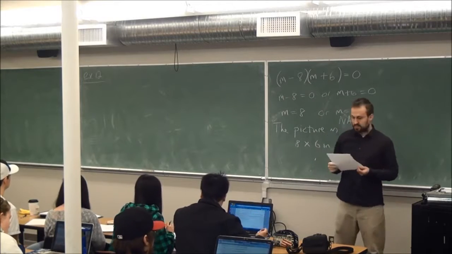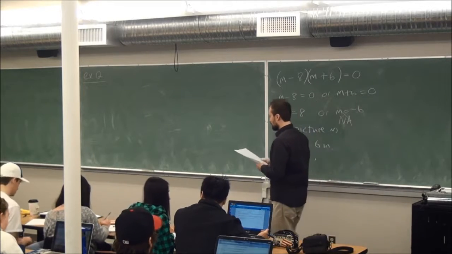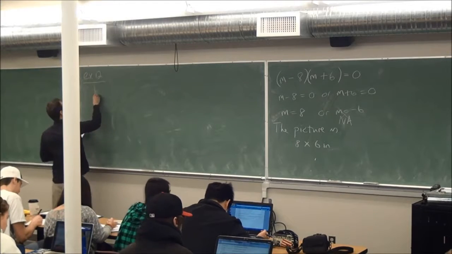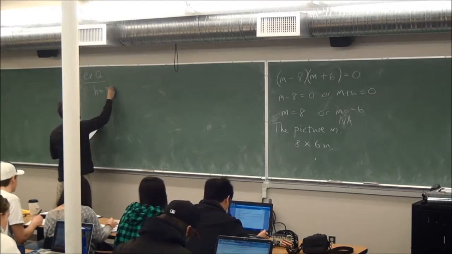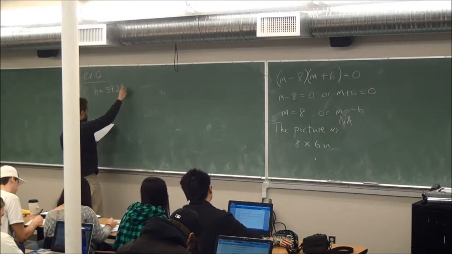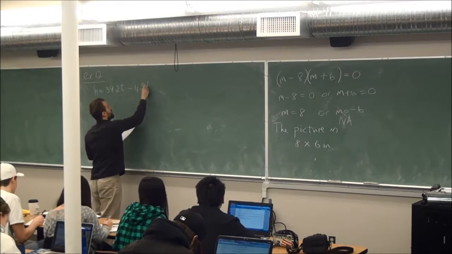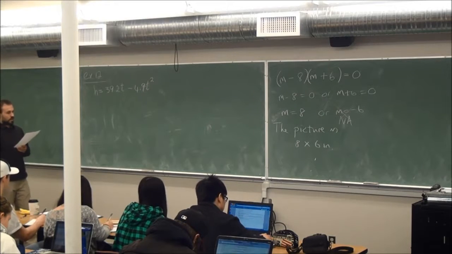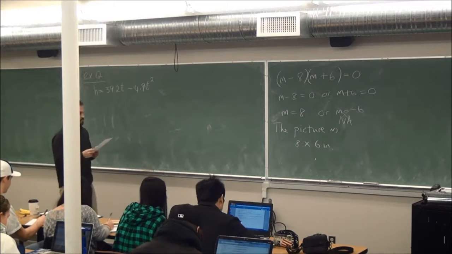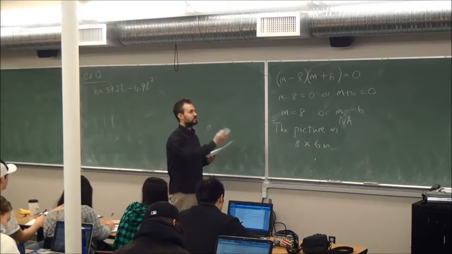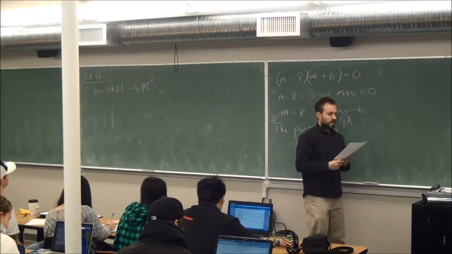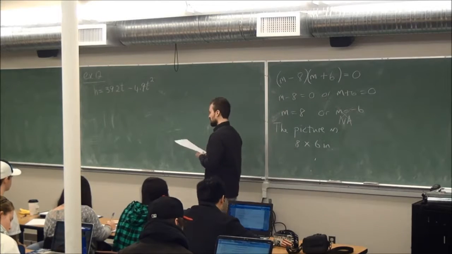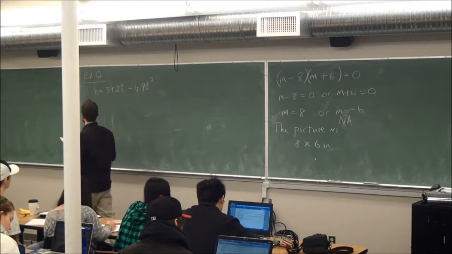Suppose the height h of an object thrown straight upward from the ground is given by h equals 39.2 times t minus 4.9 times t squared, where h is in meters and t is the elapsed time. After I throw it, I start the clock, and time increases the value of t. After how many seconds does the object strike the ground?